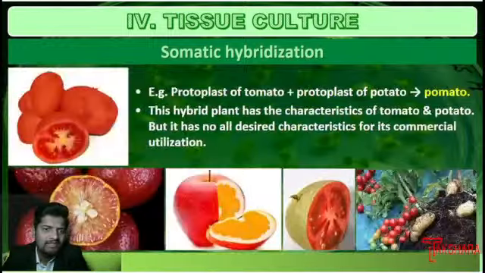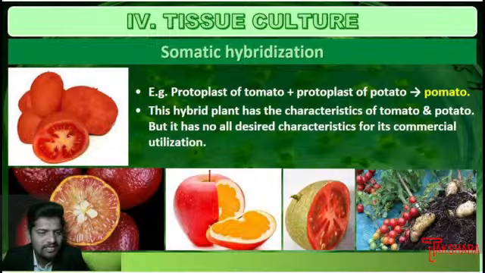Okay? And the examples for that, example number one: protoplast of a tomato with respect to the protoplast of a potato, the formation we call a tomato. So here two are mixed up. What is the meaning? The tomato protoplast fuses with a potato protoplast.